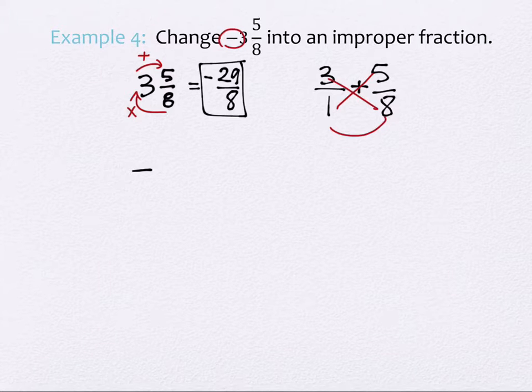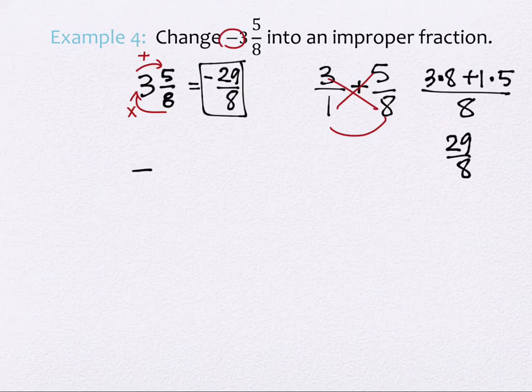I get 3 times 8, just like I had 3 times 8 before, plus 1 times 5, just like the 5 I had before, and I divide by 8, and I'm still going to get the same 29 out of 8. So really it's just the addition of 2 separate numbers. But we have this nice little shortcut imagery that we can use instead.